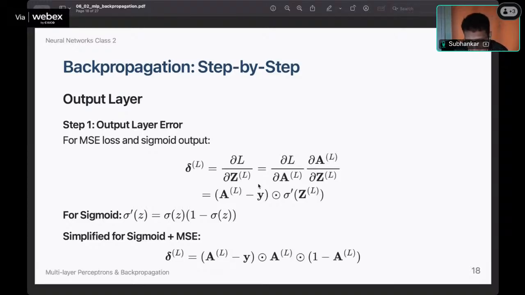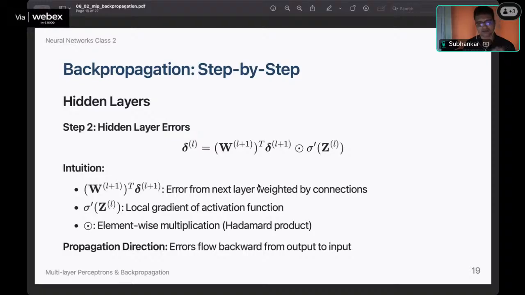Because it is sigmoid, we will have its corresponding derivative of sigma. It could have been ReLU, and we would have its corresponding derivative. So what we end up with is a very simplified solution for sigmoid and MSE. And this is what we keep on doing for a lot of things.